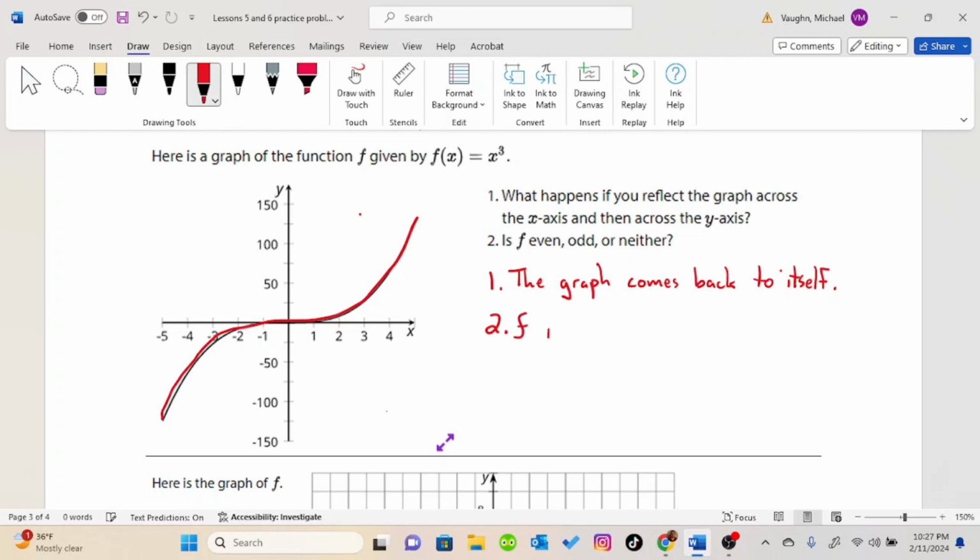F is odd because it's symmetrical around the origin.